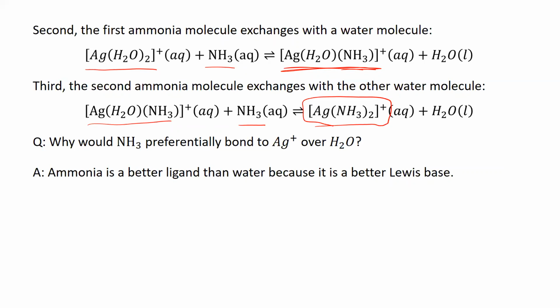So ammonia is a better base, right? Ammonia overall, and that's the key here, is a much better base than water is. And so a better base usually bonds more strongly.